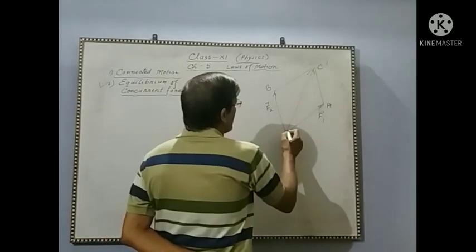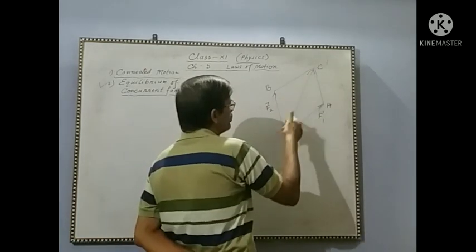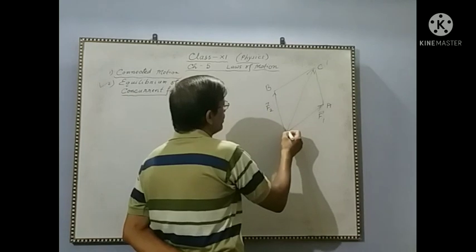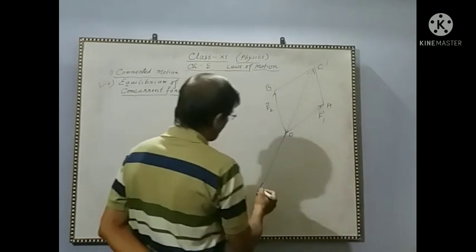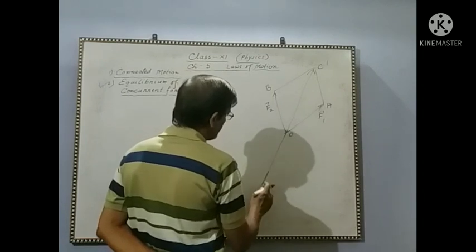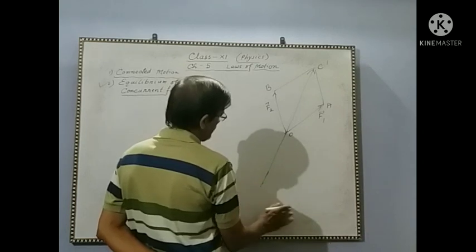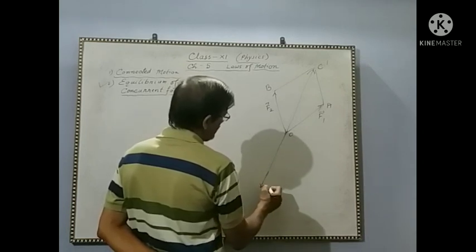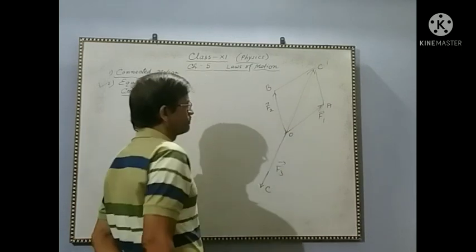Then you will draw the third force, equal and opposite. This is the F3 vector.